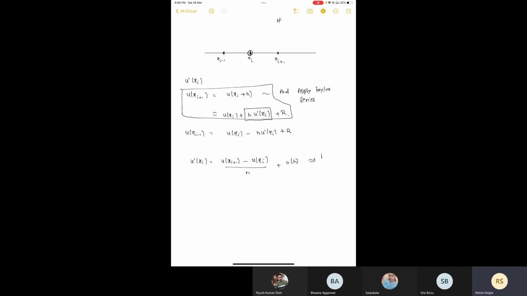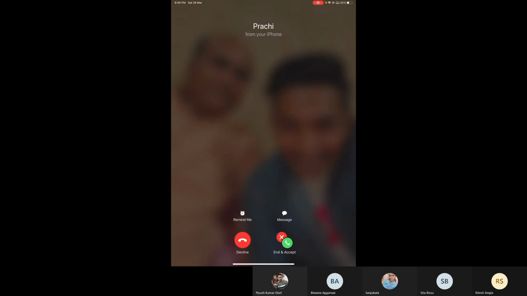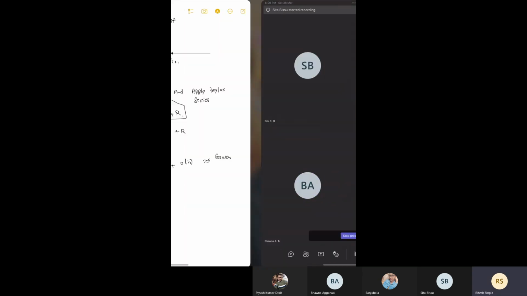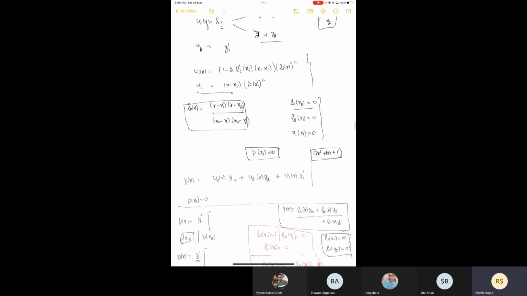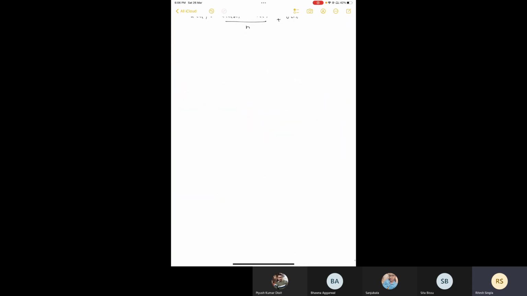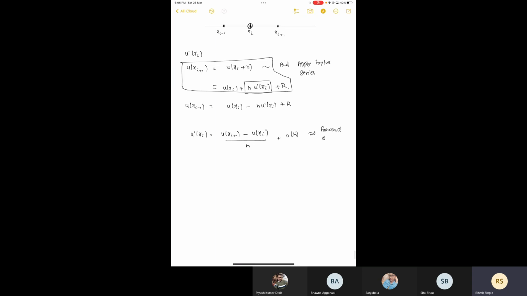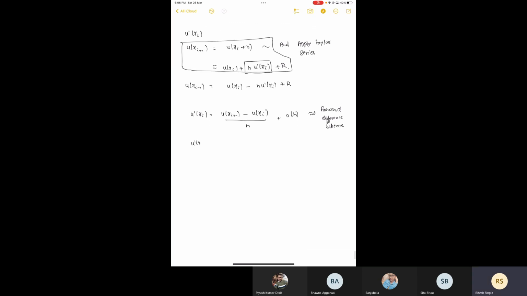This is known as the forward difference scheme. Similarly, u prime of xi equal to u of xi minus u of x of i minus 1 upon h plus order of h is known as backward difference.